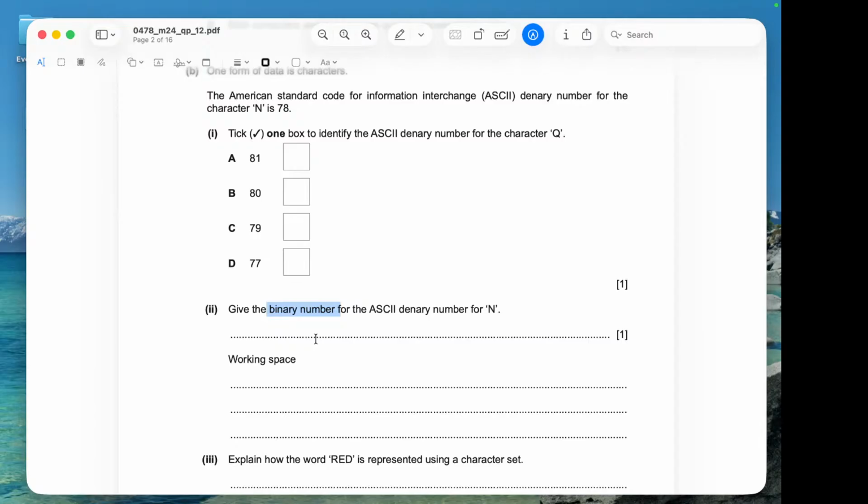Oh, okay. So if N is 78, what is 1? I don't think there is a 1, actually. I don't know, I think it starts at like 50 or something like that, I seem to remember. I can't do it at the moment, but if you Google ASCII table, it'll show you what all the numbers are.